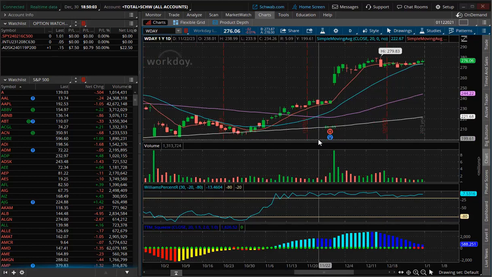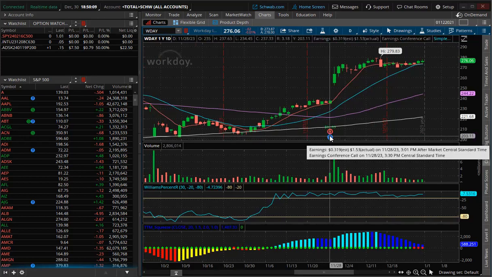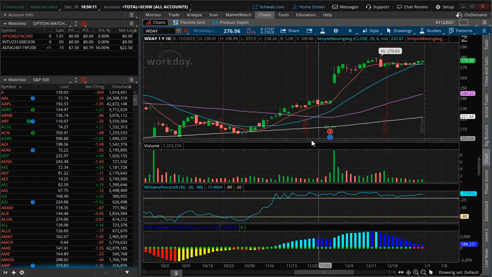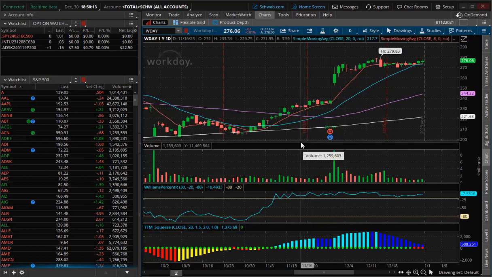And if you run your pointer over it, it will give you the time, the date, and the result of the earnings report. We will focus on trading earnings at a later date. But right now, I just want you to get comfortable with the charts, the indicators, and how well they relate to the price movement.